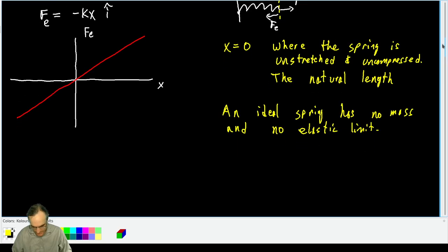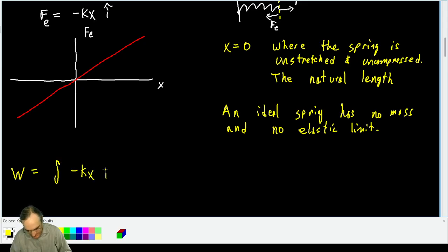In that case, work will be equal to an integral over minus kx in the i hat direction dot product with just dx in the i hat direction. So let's calculate the work done if we start at some x naught and we end at some xf.